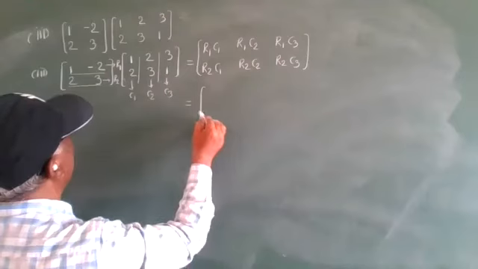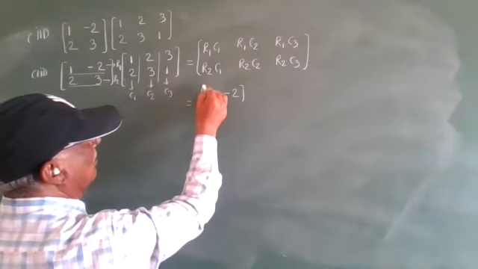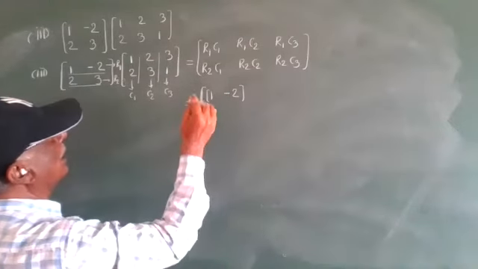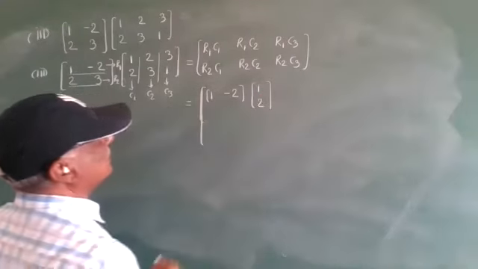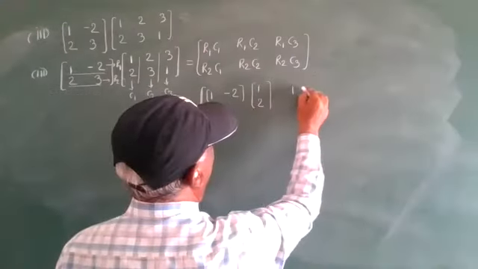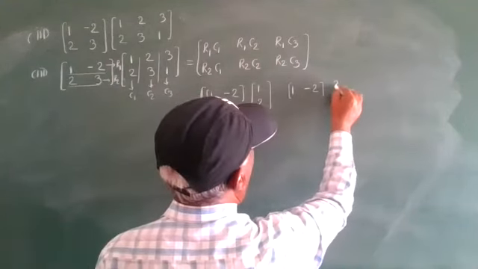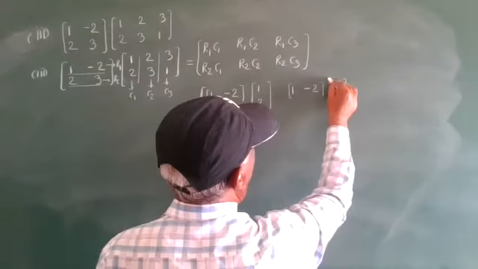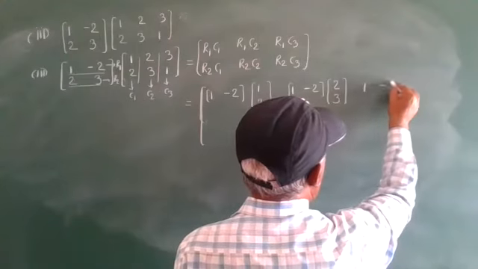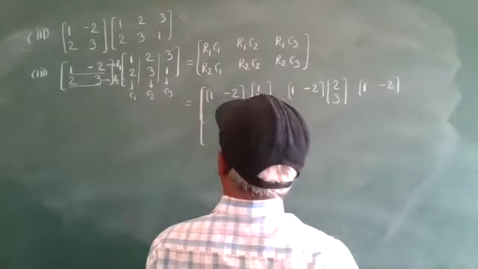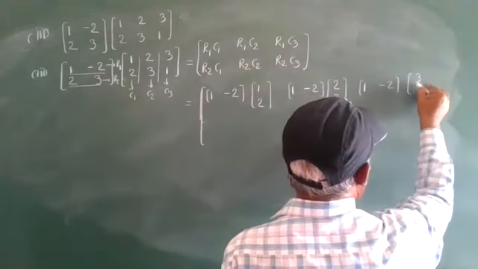What is R1? 1, minus 2. And C1 is 1, 2. Next, R1 same, 1, minus 2, and C2 is 2, 3. Next, R1 with C3, which is 3, 1.